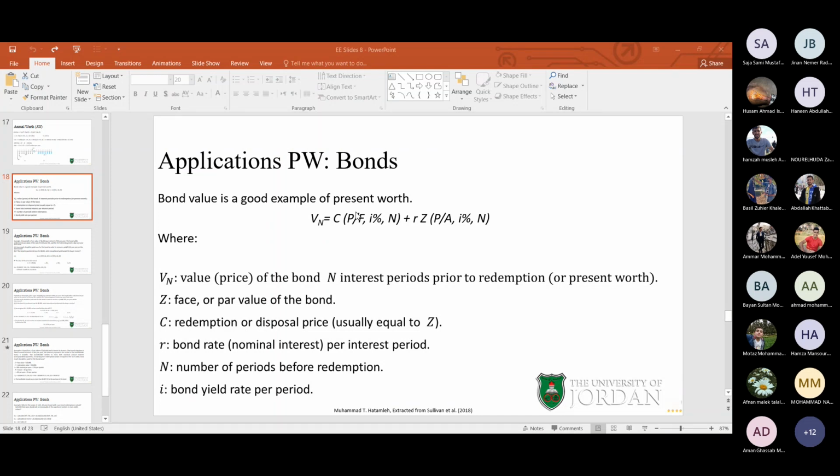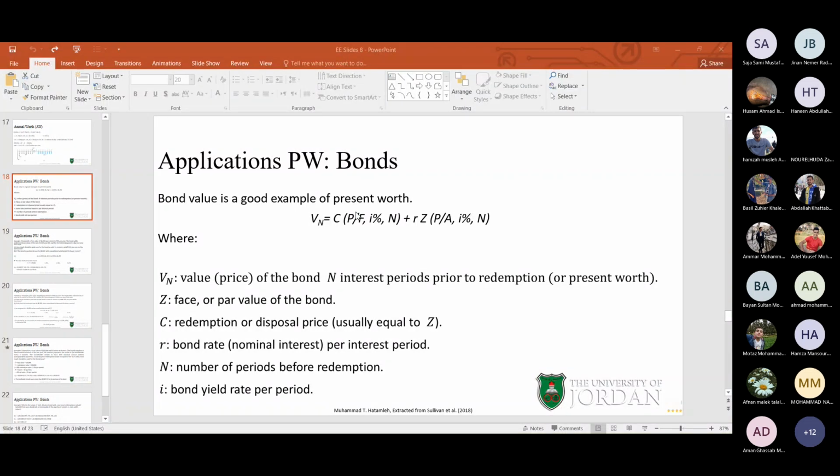If you guys remember, in our last lecture, we covered the present worth method, the annual worth method, and the future worth method. Basically, these are the equivalent worth methods, where we're finding the economic equivalent for the transactions throughout the cash flow diagram into the present in the present worth method, into the future in the future worth method, and into an annuity using the annual worth method. And we mentioned that the conclusion or the outcome from each one of these methods is the same.